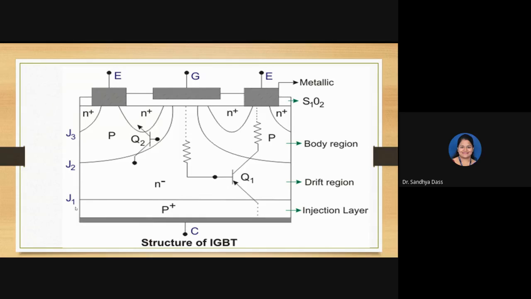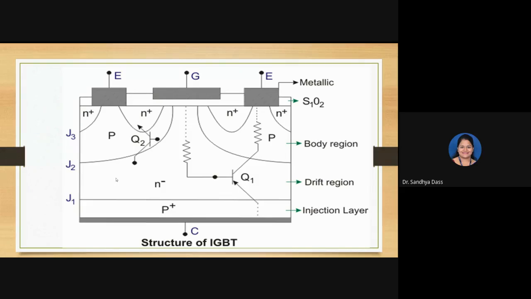Transistor Q1 will be from the layers P plus, N minus and P, forming this region. Then Q2, you can imagine N minus, P and N plus because of junction J2.